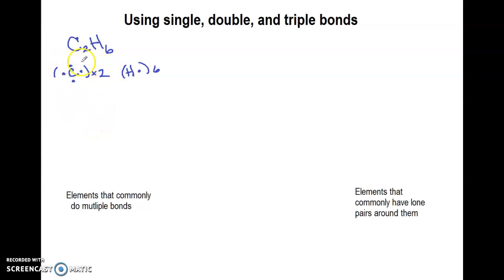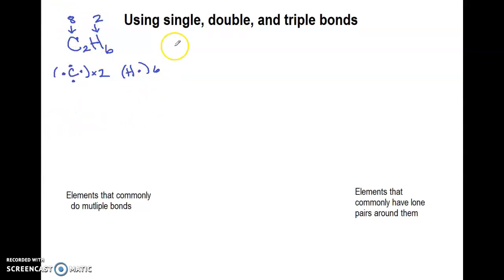So the big thing to remember is that I want to fill everyone's valence shell. Now for carbon, that's going to mean 8 valence electrons. That's not how many it has right now. That's how many it has when it is the most stable, when it has the same electron configuration as its nearest noble gas. So that's why we call it the octet rule. For hydrogen, it's only 2.